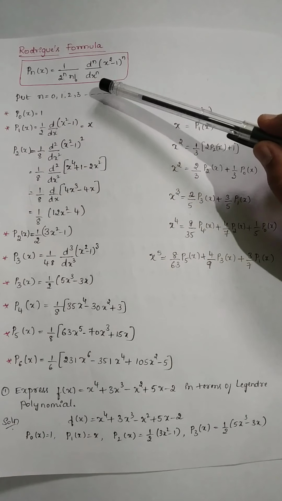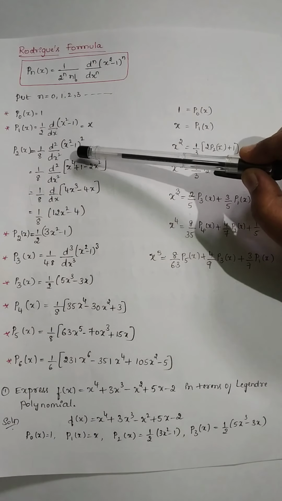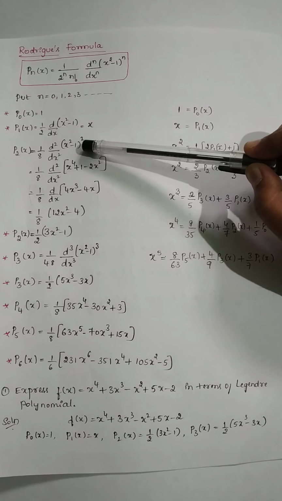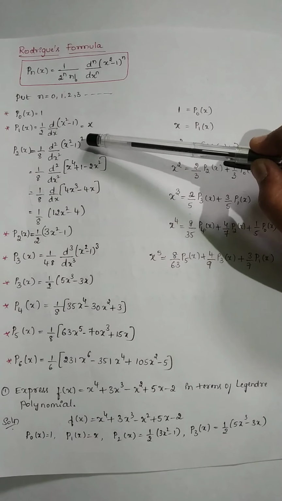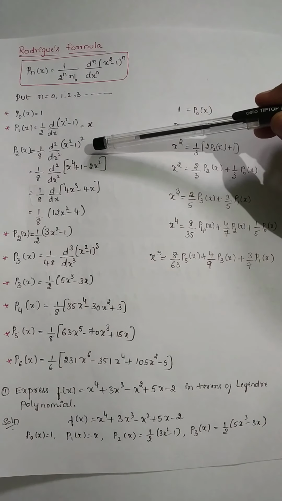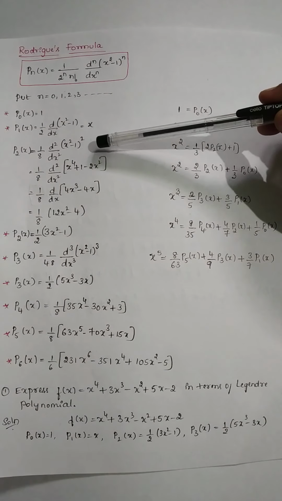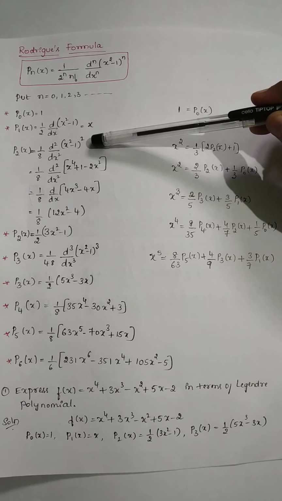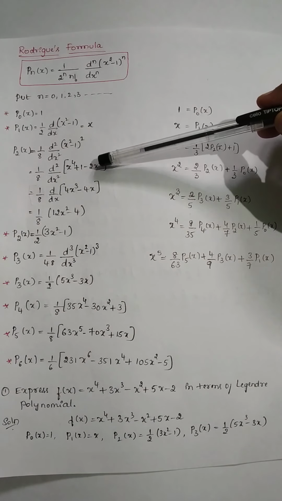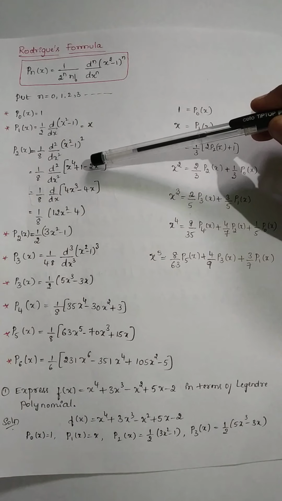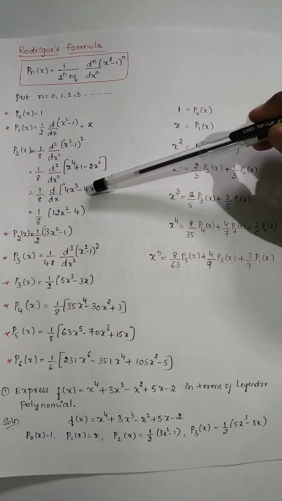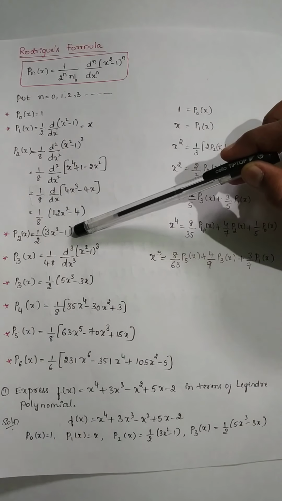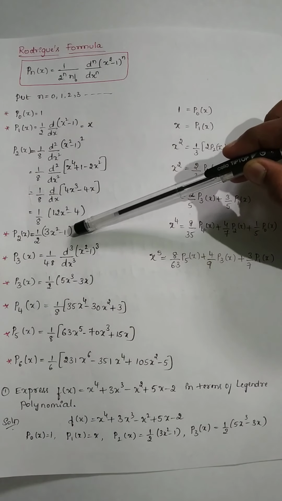Now when you put n is equal to 2, P2 of x is equal to 1 by 8 into d square divided by dx square of x square minus 1 whole raised to 2. Expand this x square minus 1 whole square by using a minus b whole square. When you find the derivative twice, you will get 12x square minus 4, and on simplification you will get P2 of x is equal to 1 by 2 of 3x square minus 1.